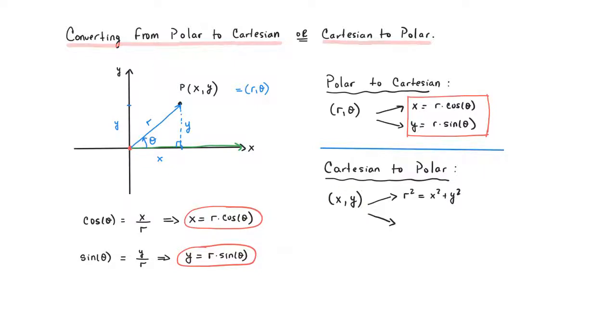If we're converting from Cartesian to polar, we know x and y. So I am thinking of tangent. Tangent should be able to give me theta, because tangent of theta involves y divided by x. So these are exactly the equations that we're going to use to find r and to find theta whenever we need to convert from Cartesian to polar.